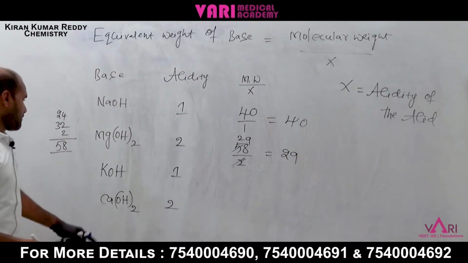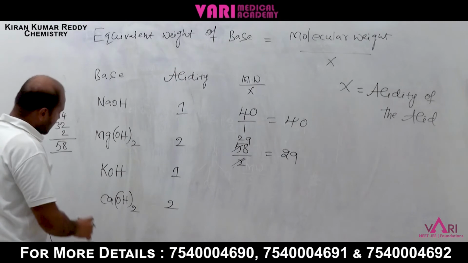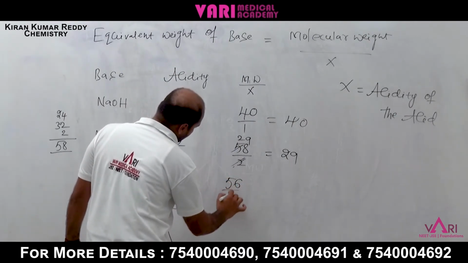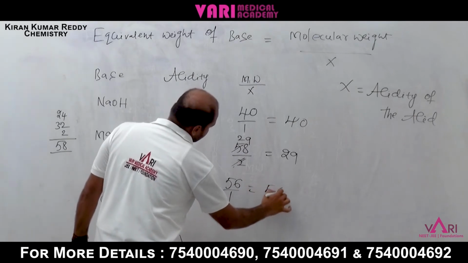Next is KOH, potassium: 56 by 1, that is equal to 56.